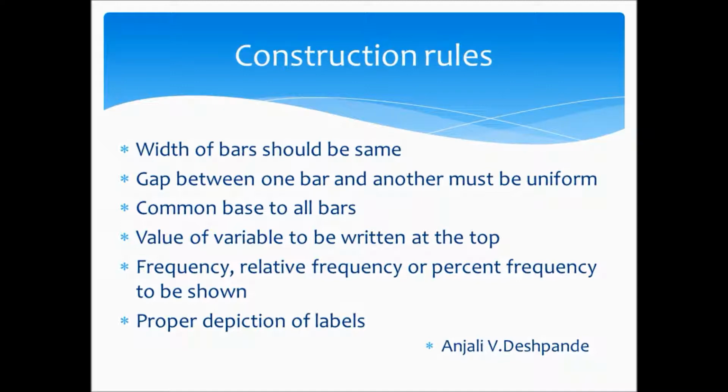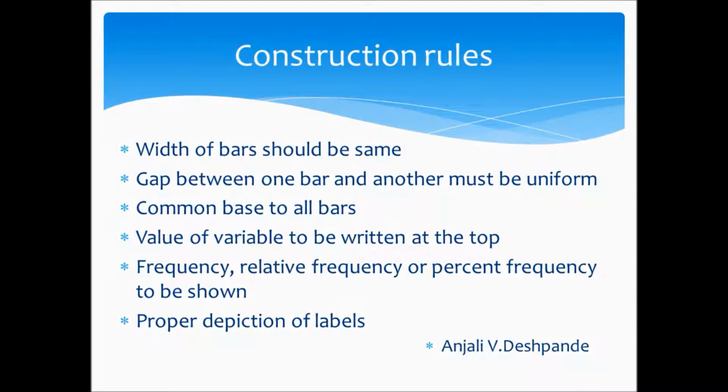Then the frequency, relative frequency or percent frequency of each class interval is shown by drawing a rectangle whose base is the class interval on the horizontal axis and whose height is the corresponding frequency, relative frequency or percent frequency.